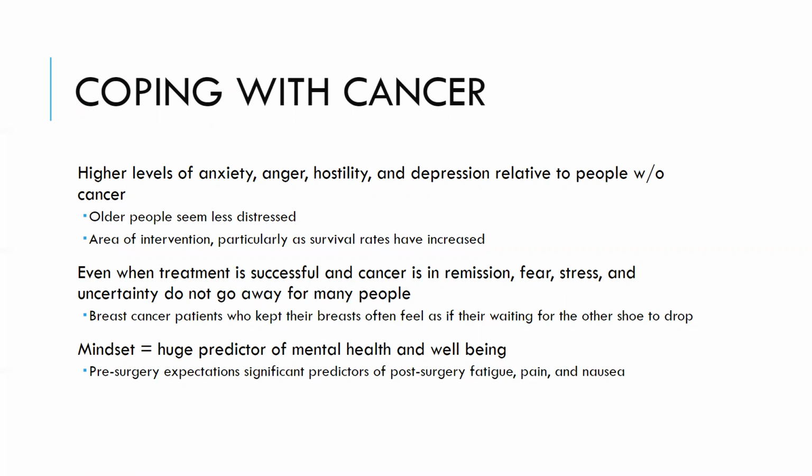And so we've successfully treated cancer, we've promoted survival, but we've still got this very evident psychological piece left over. And so this is really an area of intervention for mental health professionals, and just an area to be cognizant of for surgeons or people working more in a hospital medical type of setting, to just be looking for this stuff and referring folks out.